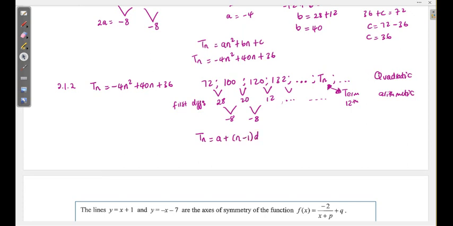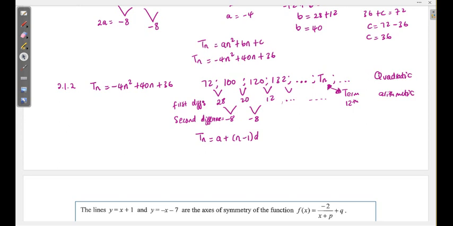Sorry to disturb you. Is it the second or the third difference that makes an arithmetic sequence? It's the first differences. The second difference is always constant for a quadratic. It's -8. It's constant.